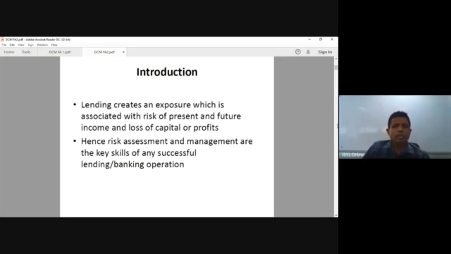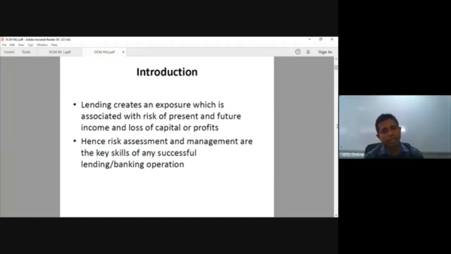You take lending. Lending creates an exposure which is associated with the risk of present and future income and loss of capital or profit. When you lend, as a bank manager, as a credit officer, when you take a credit decision, it will associate risk, not only in the present, but also in future, to lose your income or lose your capital as well.